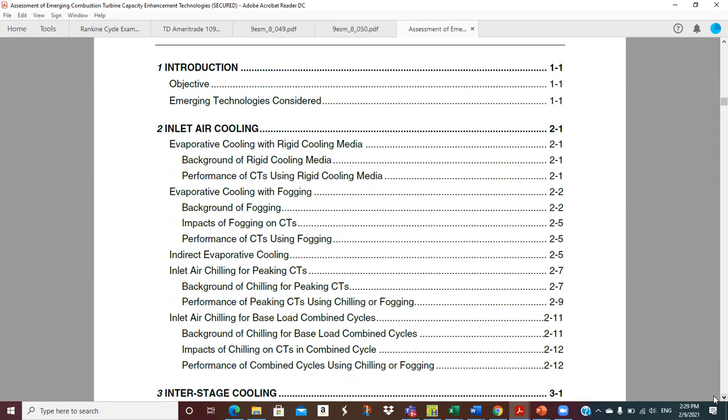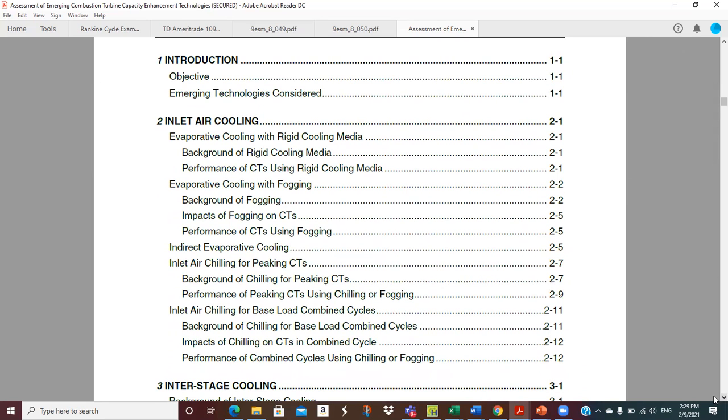So look at that. Chapter 2 is inlet air cooling. Evaporative cooling with rigid cooling media. Background, performance of combustion turbines with rigid cooling media. Evaporative cooling with fogging. Background, impacts on performance. Indirect evaporative cooling.